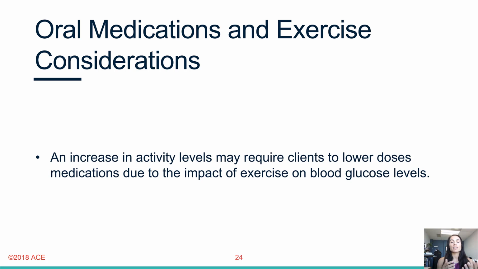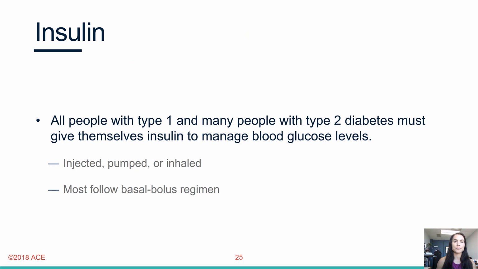If someone continues to take the same amount of insulin as they did before they started exercising, it could lead to hypoglycemia. So it's really important that they monitor their blood glucose levels as they become more and more physically active.